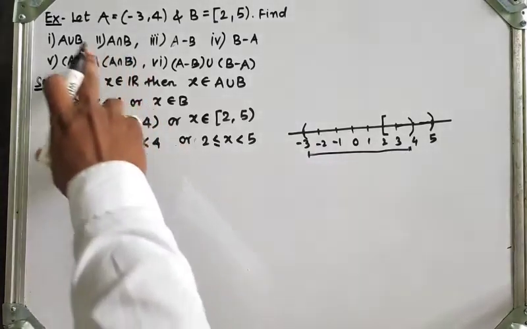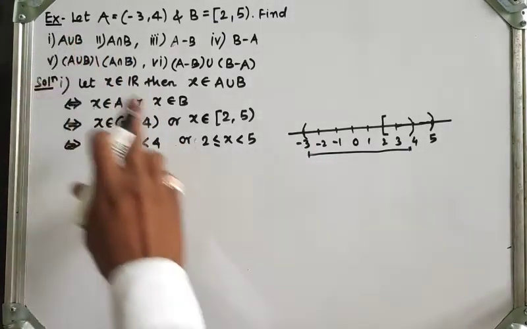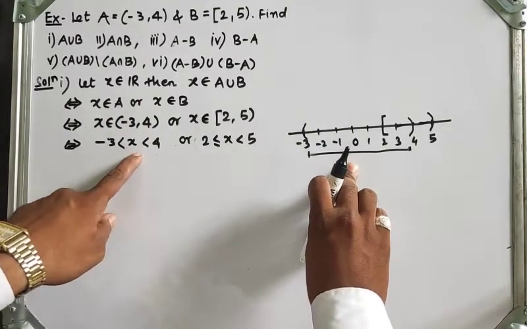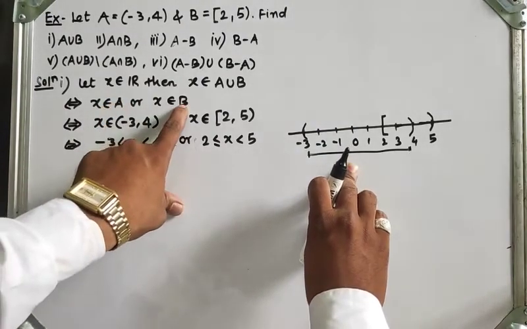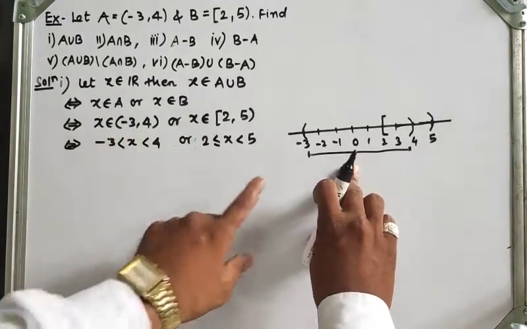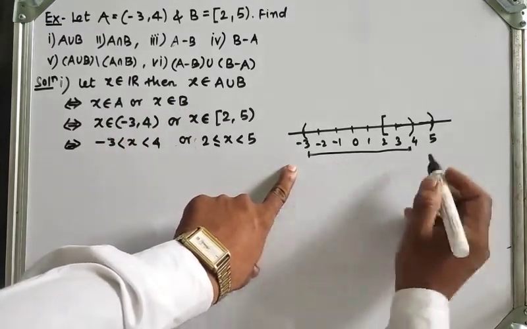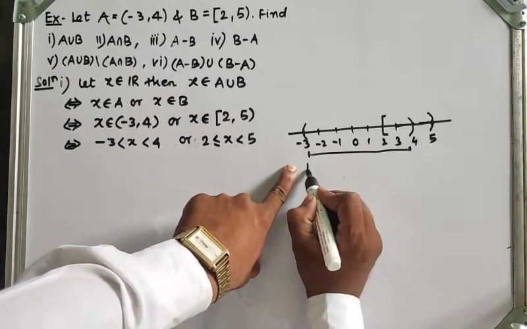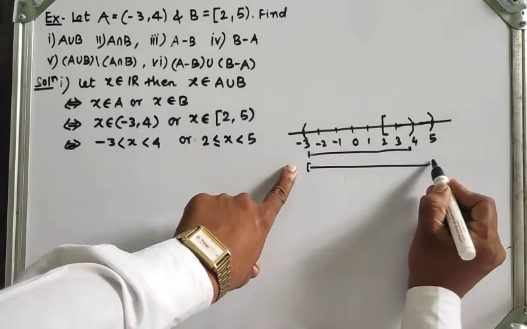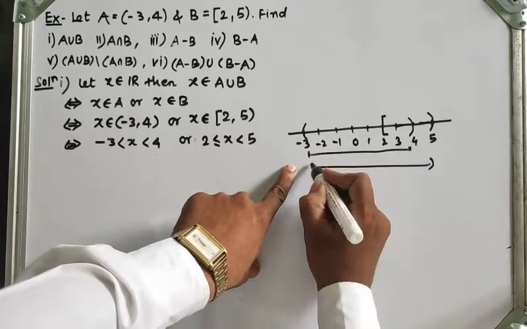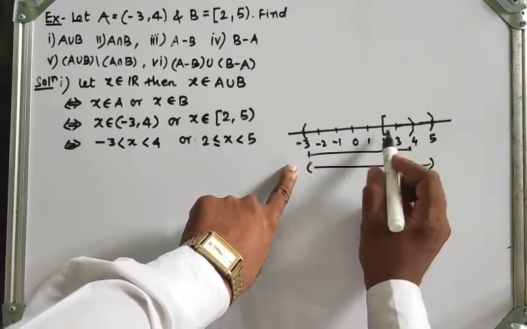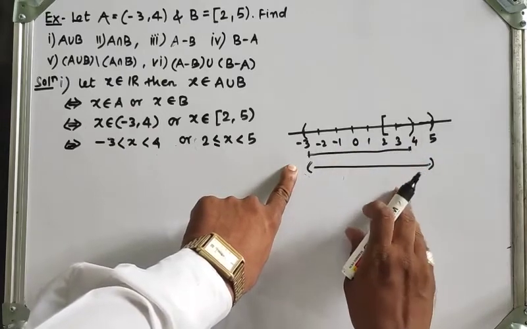What is the meaning of union? Union is the set of all those points which belong either to set A or set B, which is the combination of these two sets. So after combination of these two sets, we get from -3 to what? Open 5. Here is the interval -3, the union of these two sets, because here their intersection is not empty, right?